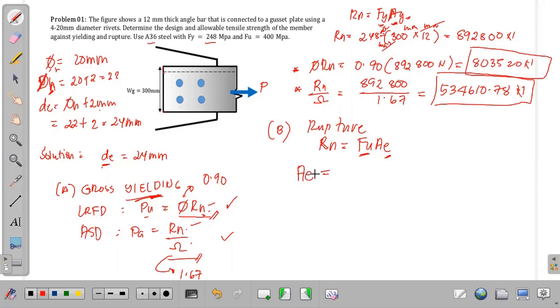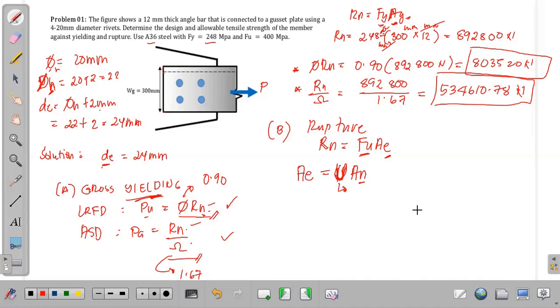So ang equation natin ng AE, this is yung capital U, yung shear lag factor times the net area. Okay? So ano yung magiging shear lag factor natin na U dito?